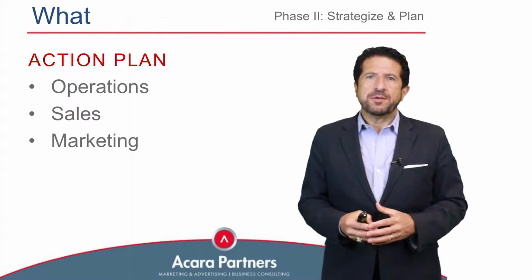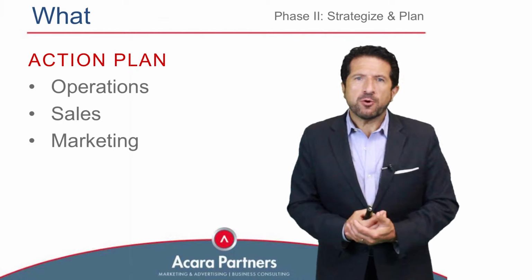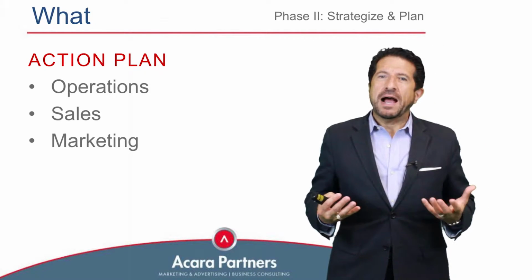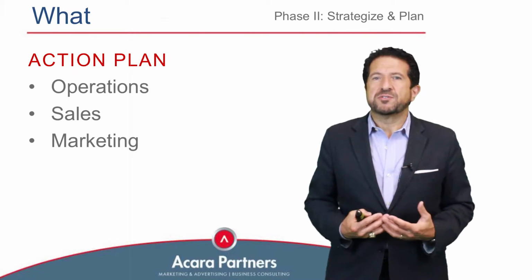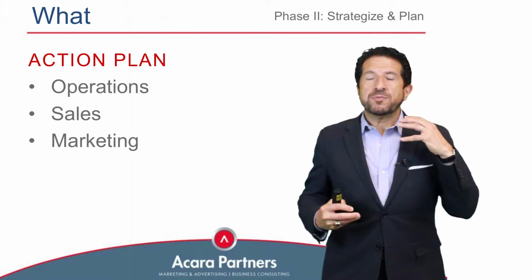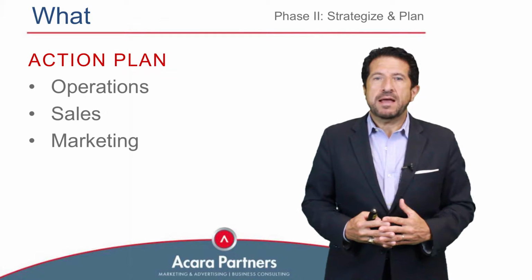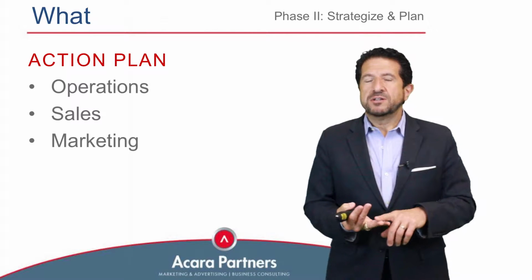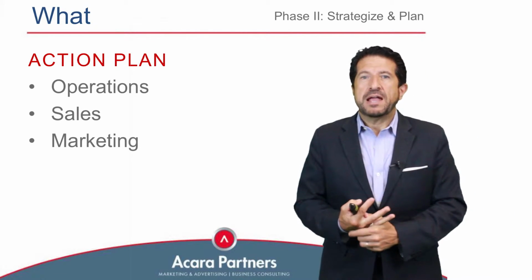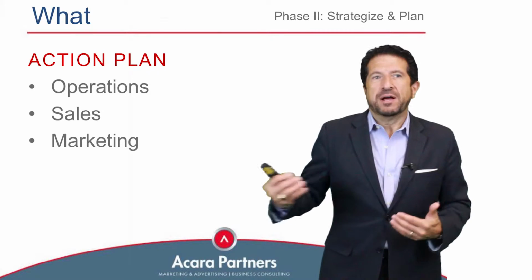The action plan is about operations, sales, and big picture marketing. On the operations side, based on the information that you gathered, you may determine that, wow, I don't have the right sales team in place, or they're not properly trained. Especially when you're looking to grow your business, you want to make sure you have the right people doing lead to consult conversions and consultation to patient conversion, and that they're trained on the process of how to get the conversions maximized.